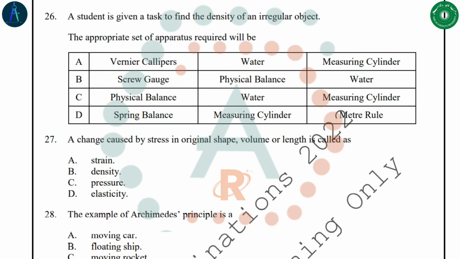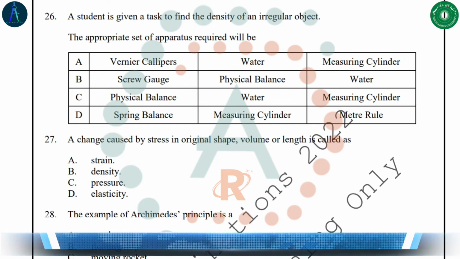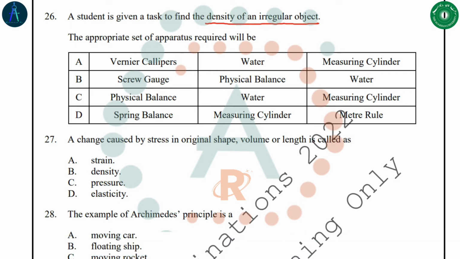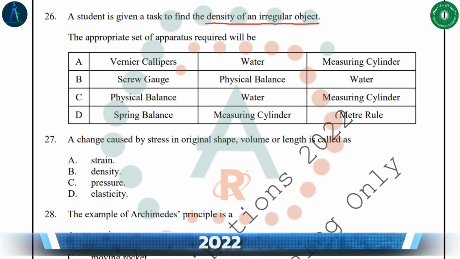Now let's see question number 26. A student is given a task to find the density of an irregular object. The appropriate set of apparatus required will be... So for finding the density, we know that density is equal to mass over volume.